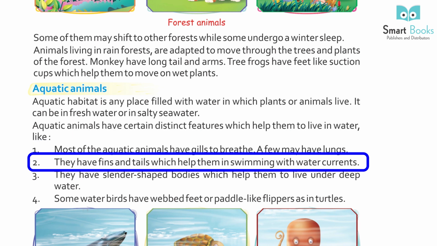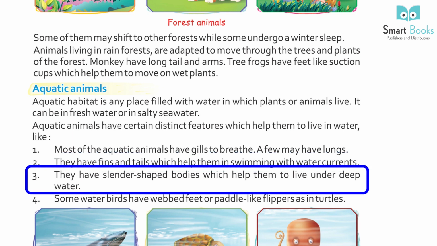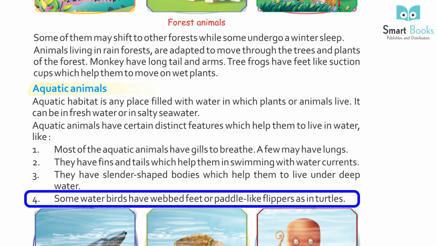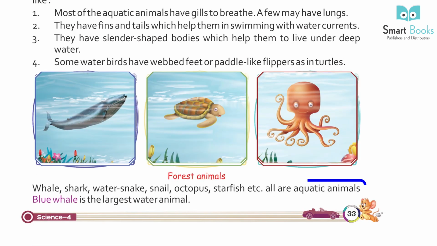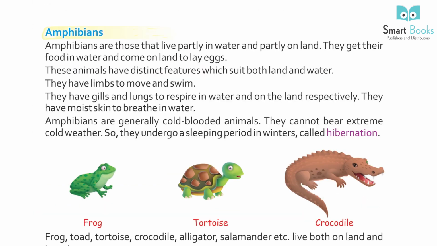They have fins and tails which help them in swimming with water currents. 3. They have slender-shaped bodies which help them to live under deep water. 4. Some water birds have webbed feet, or paddle-like flippers as in turtles. Whale, shark, water snakes, snail, octopus, starfish, etc. are all aquatic animals. The blue whale is the largest water animal.